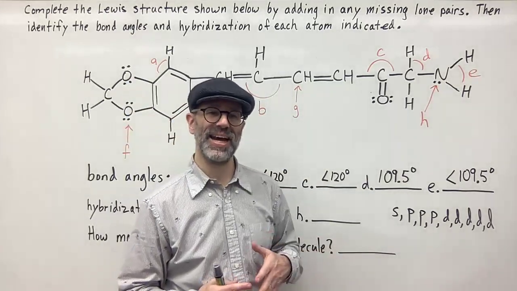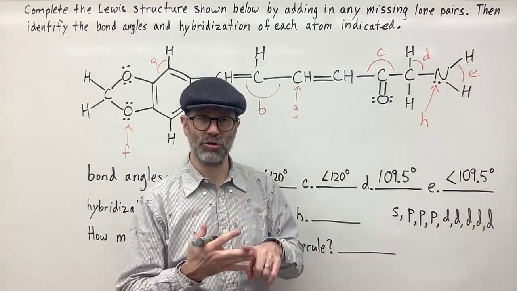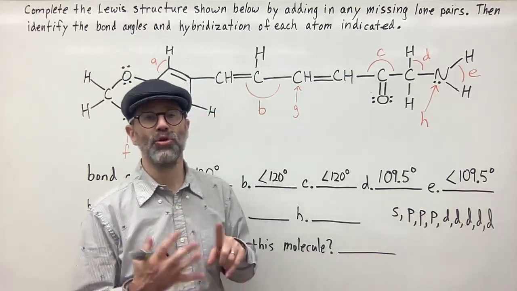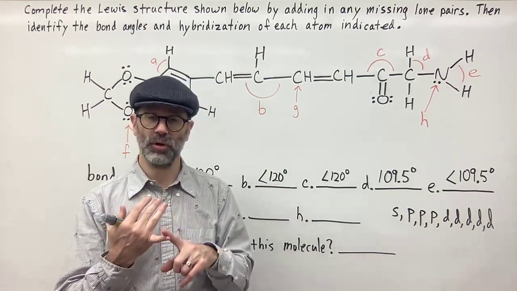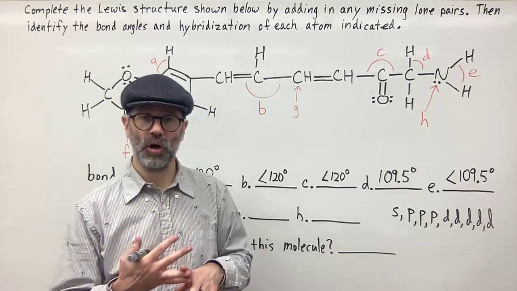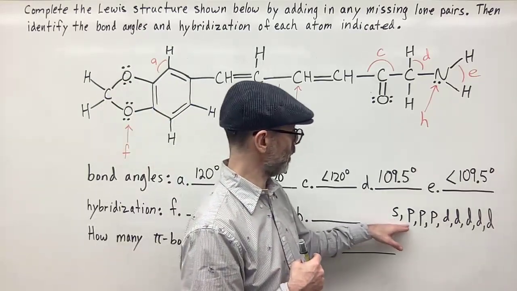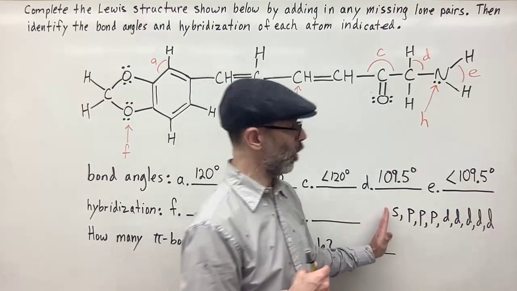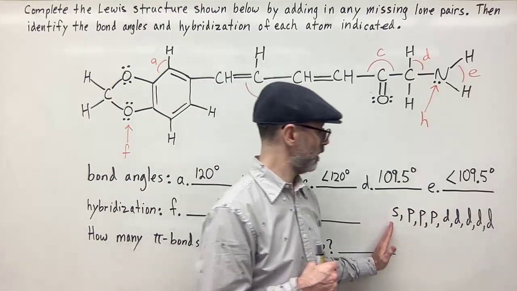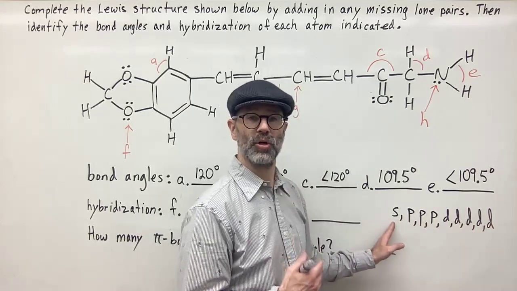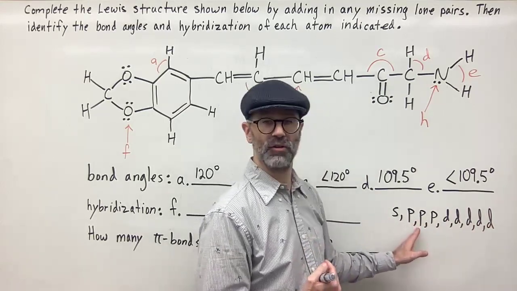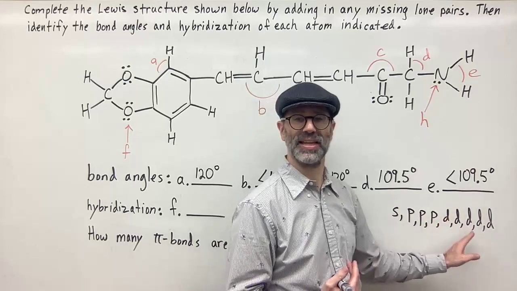The idea is that for every electron group around your central atom, you need that many hybridized orbitals. The way you get those orbitals is by taking the atomic orbitals, and you always go from the lowest energy moving to the higher energies. So s orbitals are lower in energy than the p's, which are lower in energy than the d's.